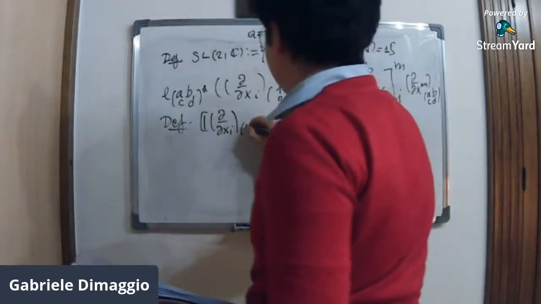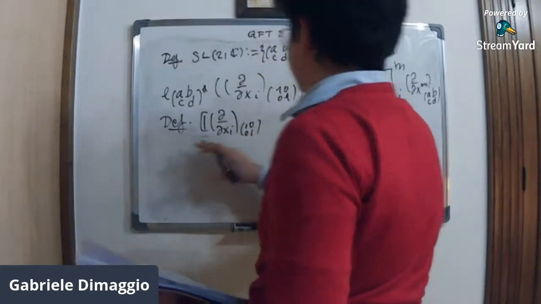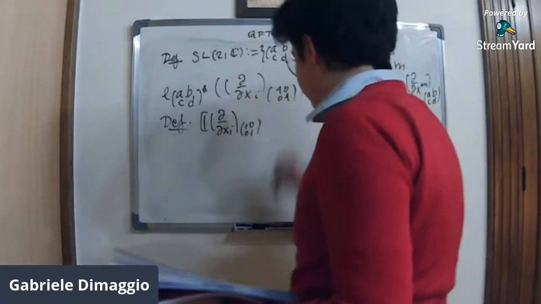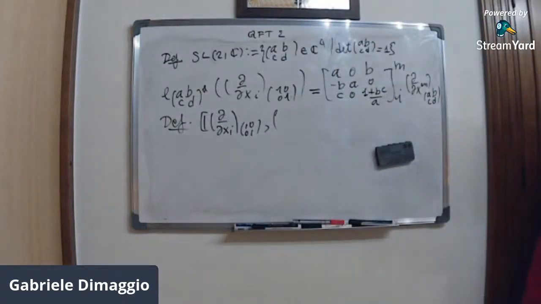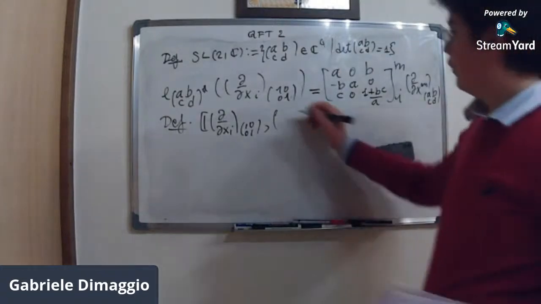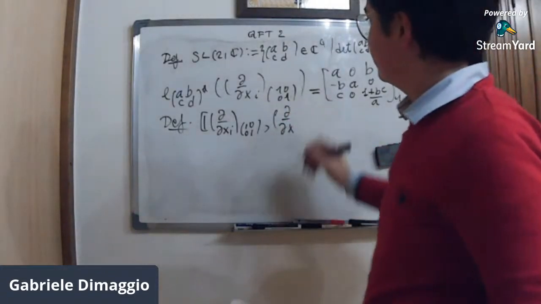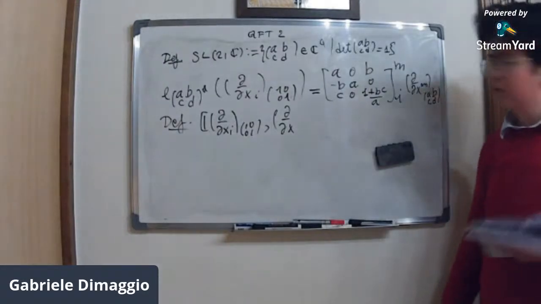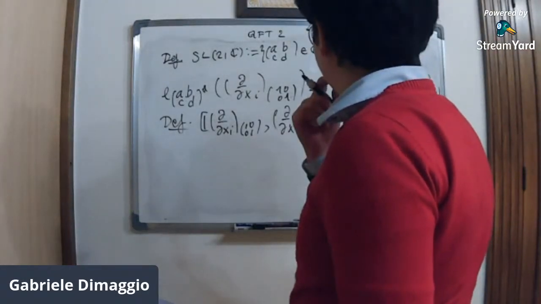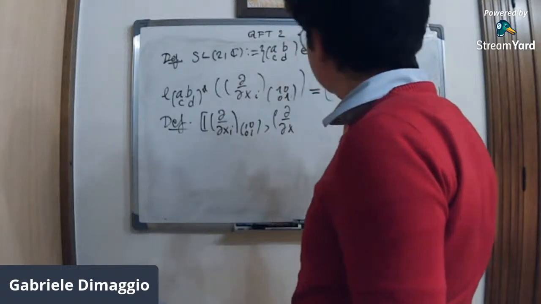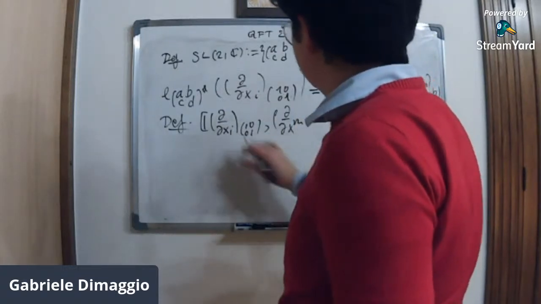So this is an element of the group. The basis of my tangent space. Here I have, for example, AX. I don't know. I can have an index M. Okay.